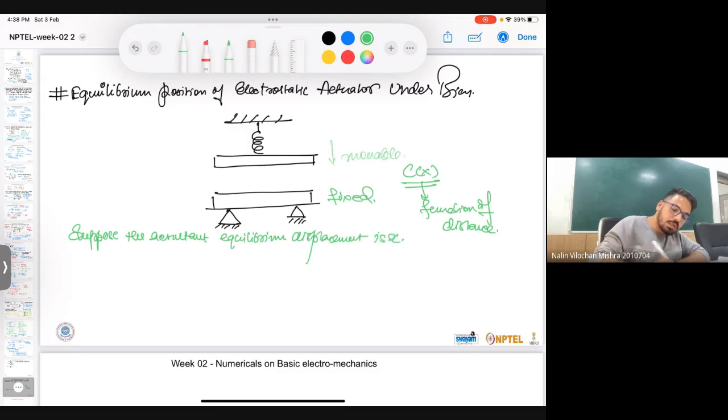So this F electric can be given as half epsilon A by (x plus x naught) square times V square.